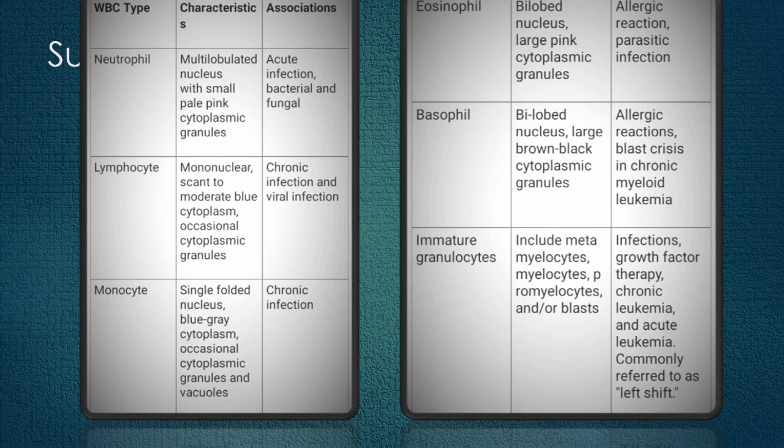The eosinophils are associated with allergic reactions and parasitic infections. The basophils are associated with allergic reactions, and blast crisis in chronic myeloid leukemia. Immature granulocytes are associated with infections, growth factor therapy, chronic leukemia, and acute leukemia, commonly referred to as the left shift.